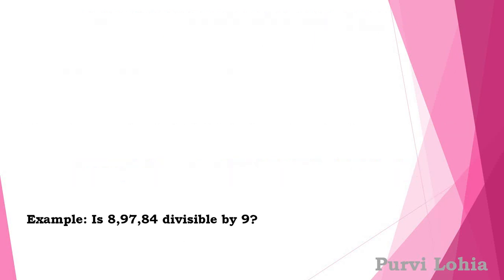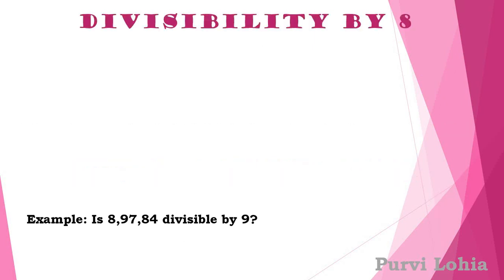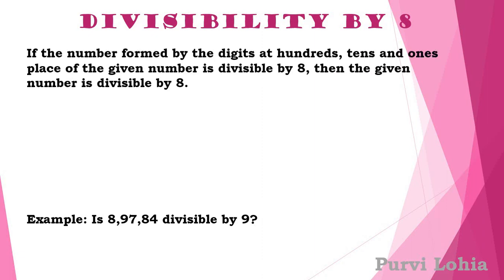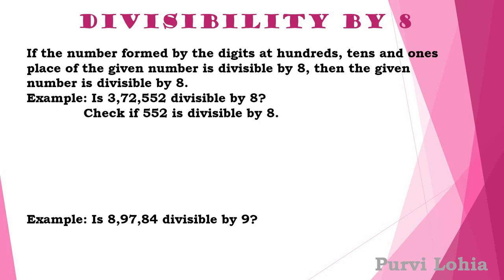Okay. Next, divisibility by 8. If the number formed by the digits at hundreds place, tens place and ones place of the given number is divisible by 8, then the given number is divisible by 8. Example, is 3,72,552 divisible by 8? Check if 552 is divisible by 8.